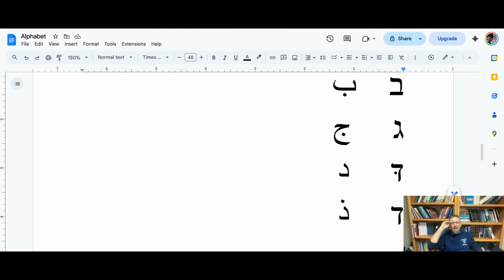Okay, so why is knowing Arabic important for biblical studies, particularly the study of the Hebrew scriptures or the First Testament? Number one, Arabic is incredibly useful because it has a rich lexicon.